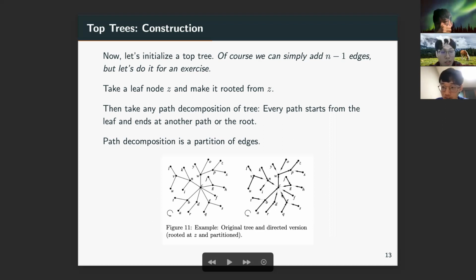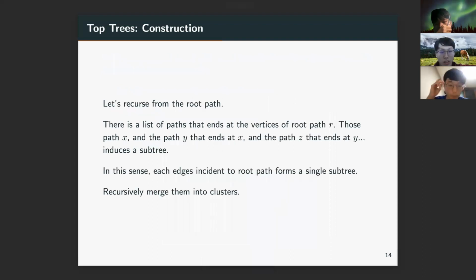So we recursively consider this as a root path and merge it into a single cluster. In this sense, each edge incident to a root path forms a single subtree, and we recursively merge it into clusters.